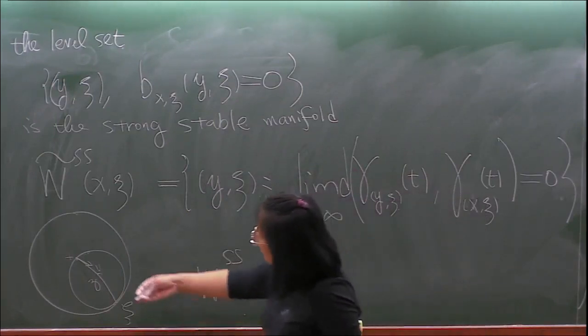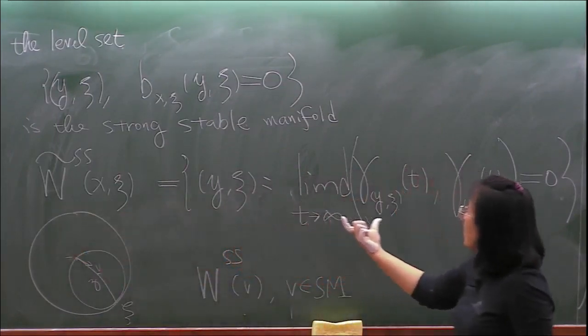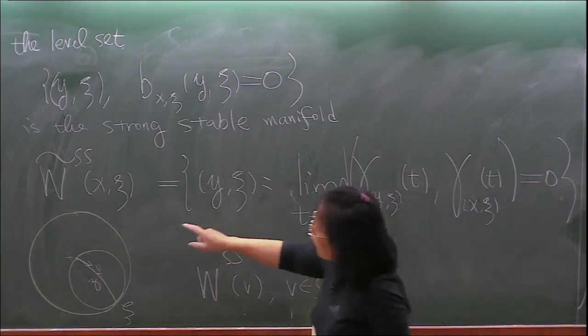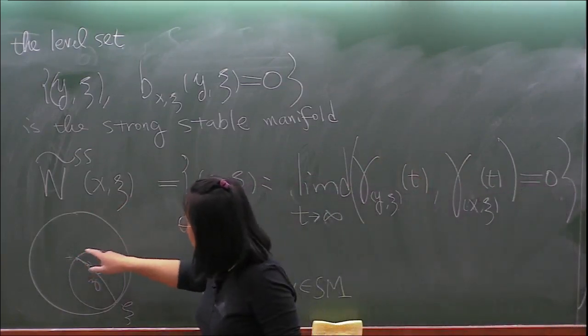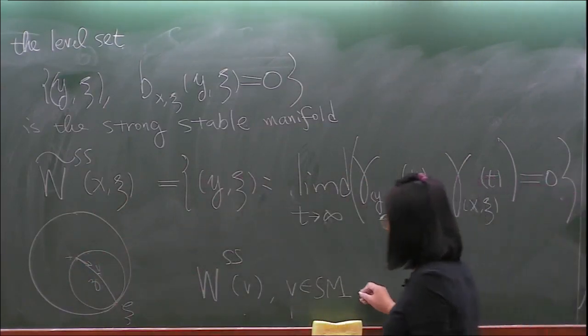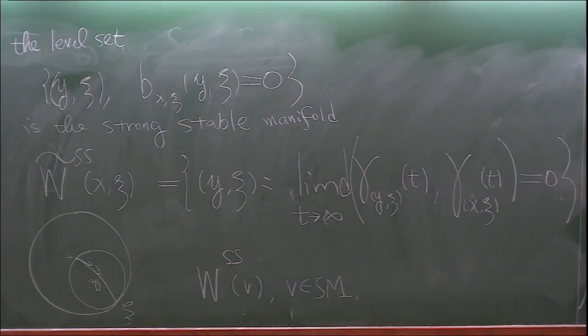Locally, the leaves of this foliation are the horospheres. So you will have another foliation.